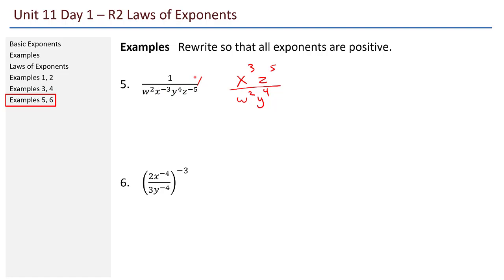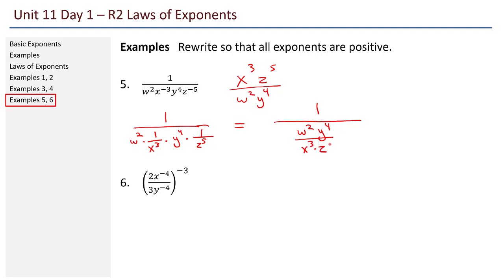Now, if I had done this the longer way, the more, quote, official way, I might do this like 1 over w squared, 1 over x cubed times y to the 4th times 1 over z to the 5. All right, and then that equals, in the denominator, w squared y to the 4th over x cubed z to the 5th.